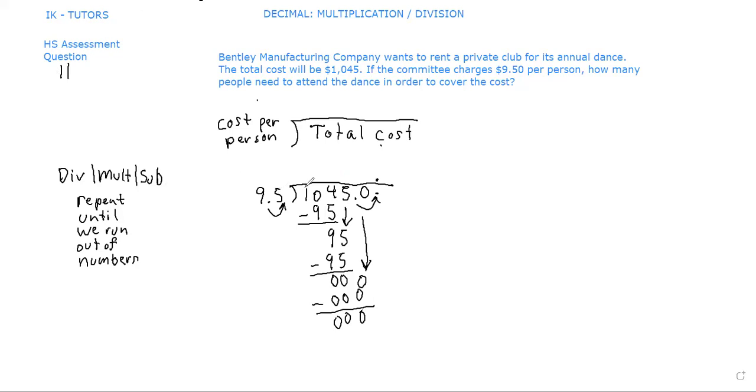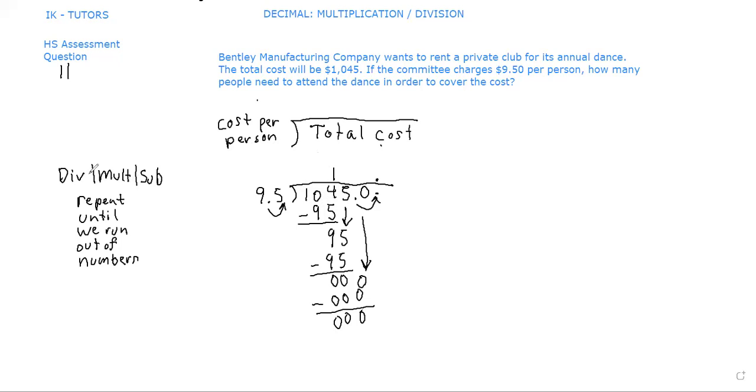Okay, so let's begin. Remember, we're starting off with whatever our number 95 divides into. So we try, does 95 divide into 104? Yes, it does. So we're going to divide that 95 into the first three digits, which is 104. When we do that, we're going to get 1.